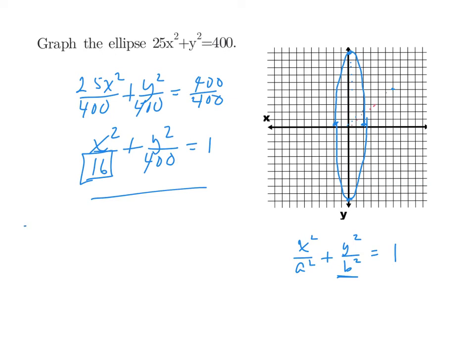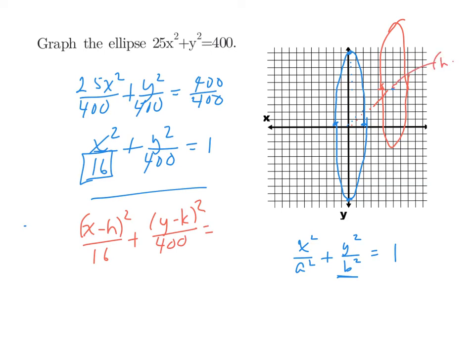It's the same shape, but just scooted over, say h, k units. We'd take the same equation and it would be x minus h squared over 16 plus y minus k squared over 400 is equal to 1, where this is our vertex h, k.